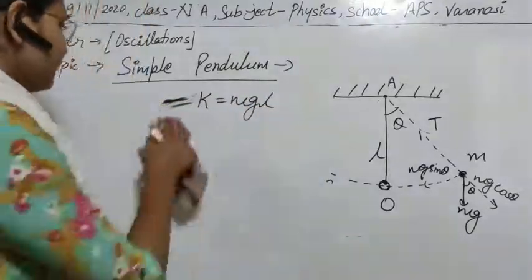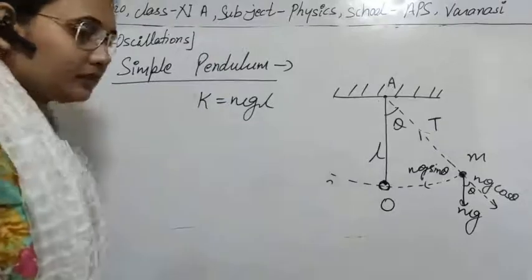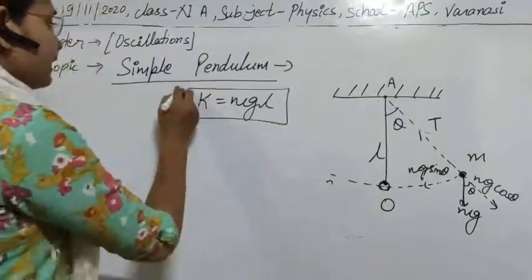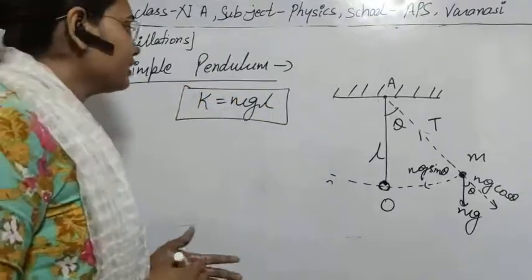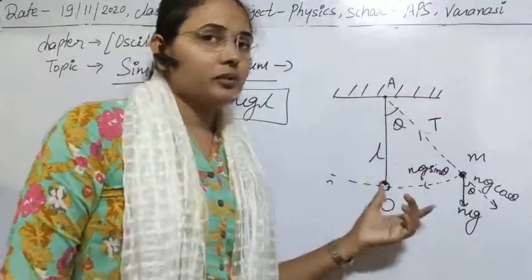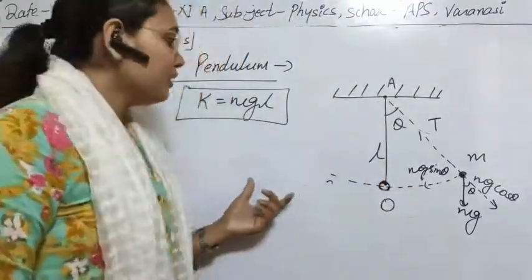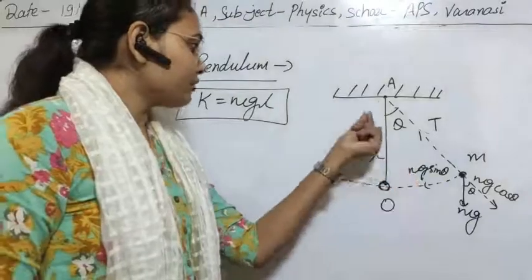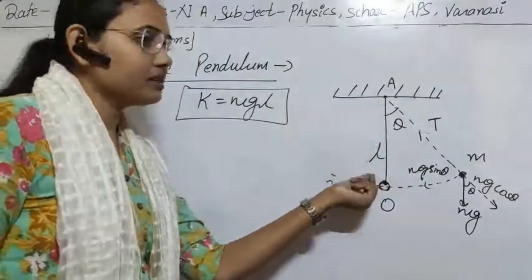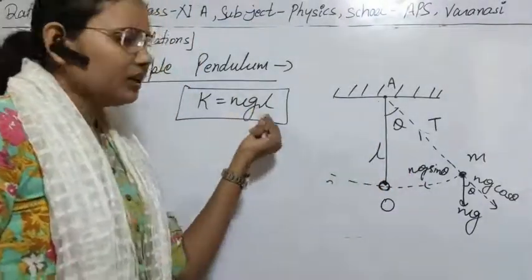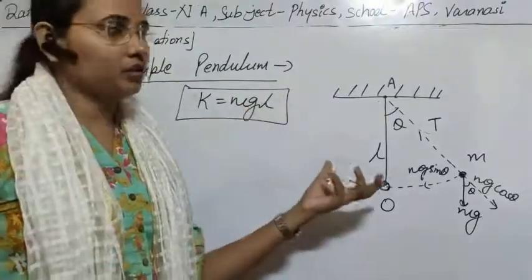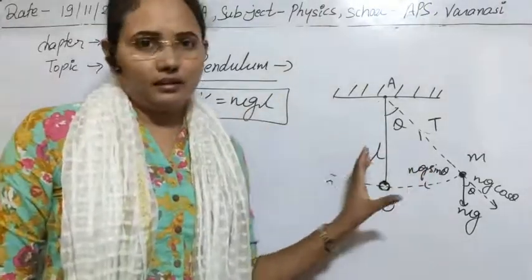This value we get for the force constant. You can calculate it with the help of the mass, the measurement of the length of the thread, and you already know what g is, where we are performing this experiment.